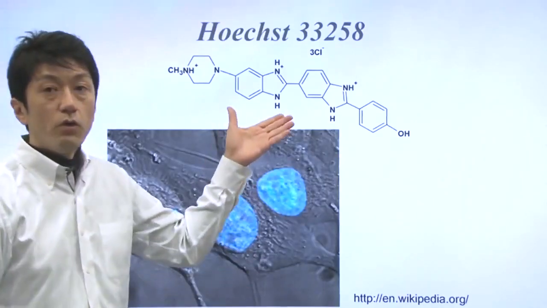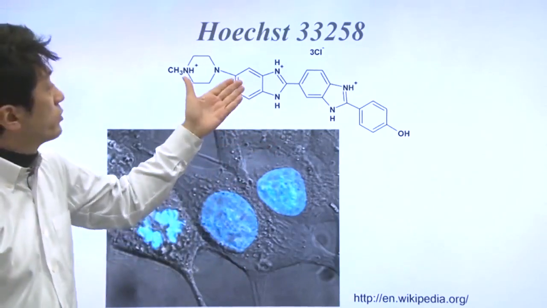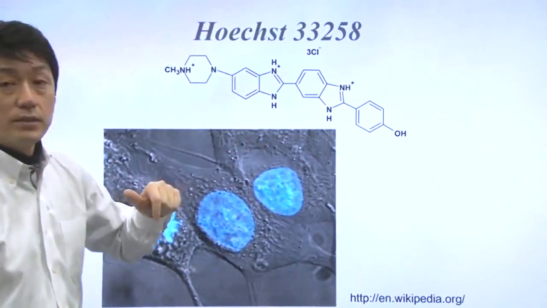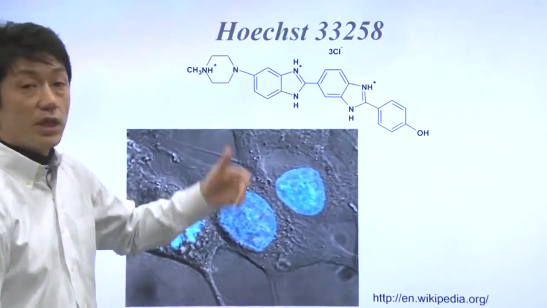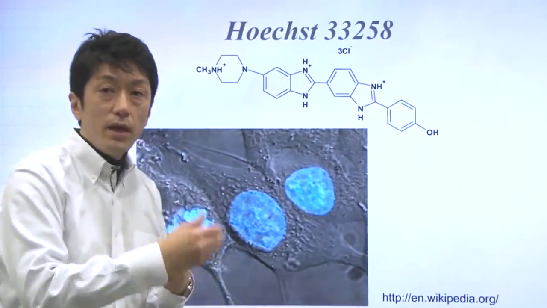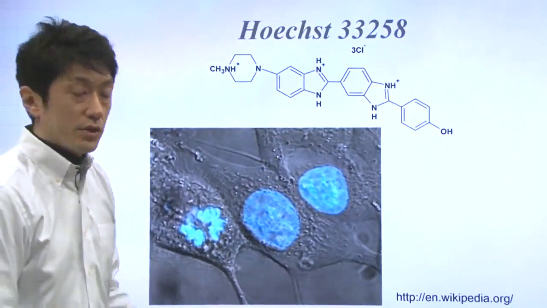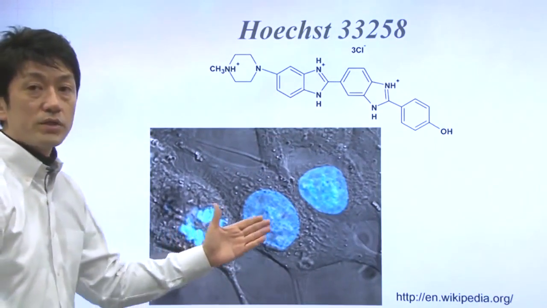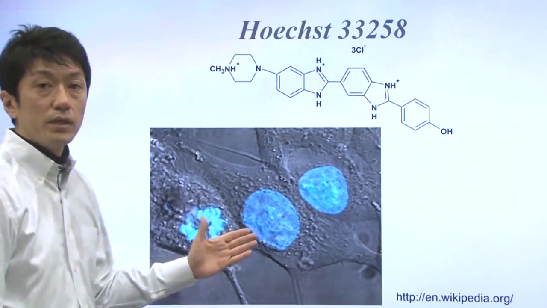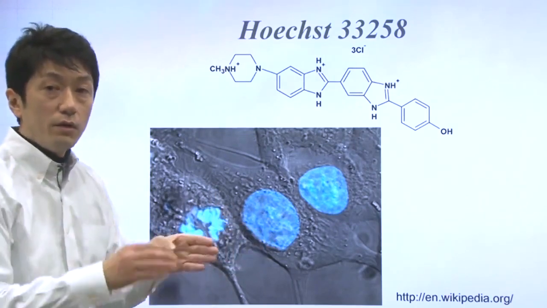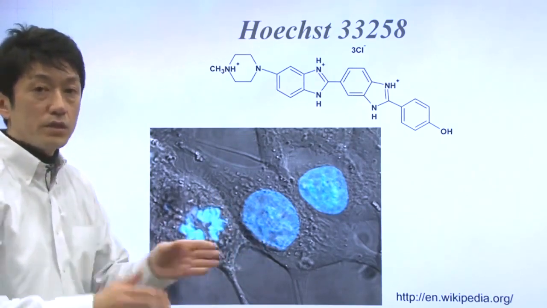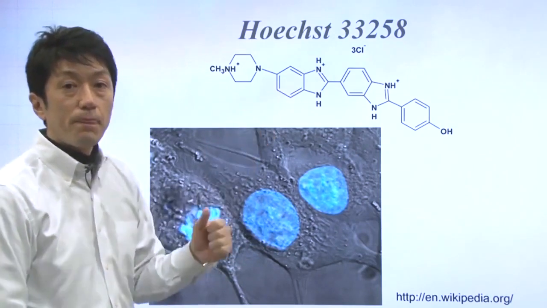Here is a structure of Hoechst 33258, which binds to DNA, and thereby labels the nuclei of the cells. You can see the nuclei of the cells very clearly in this picture when labeled with this fluorescent molecule.